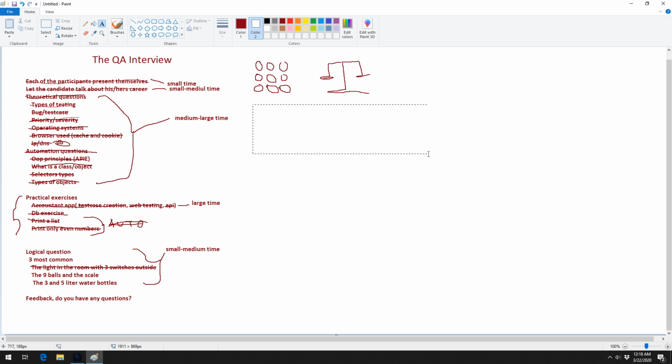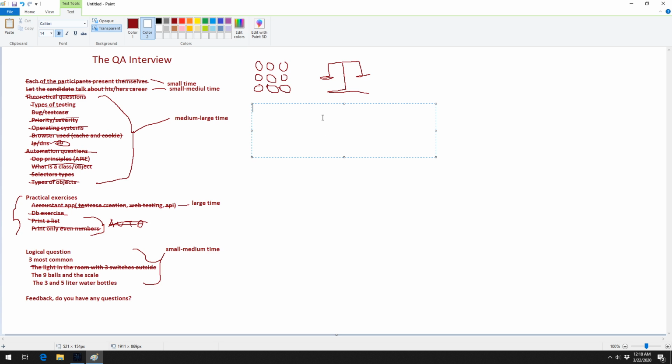Okay, let's discuss. This is one of the most known questions after the one with the switches. You have 9 balls with the same shape and color, but one of them is heavier than the rest.